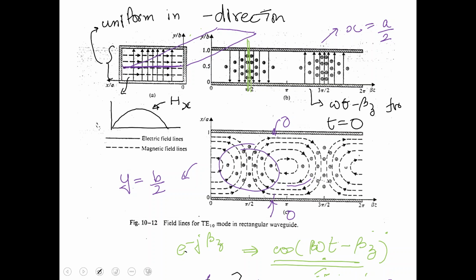So that's how the field distributions are going to look in the TE10 mode. Do you have questions on this? Any questions?